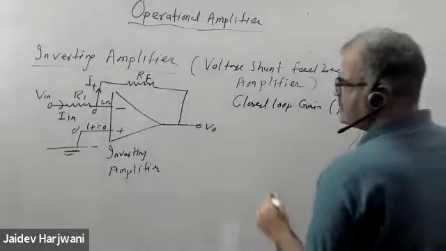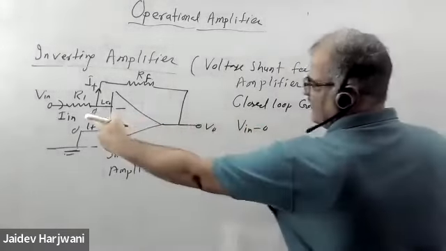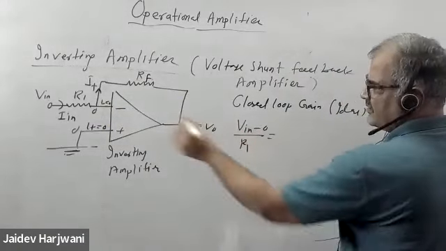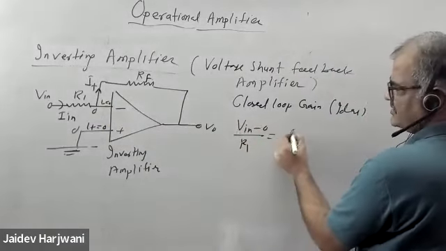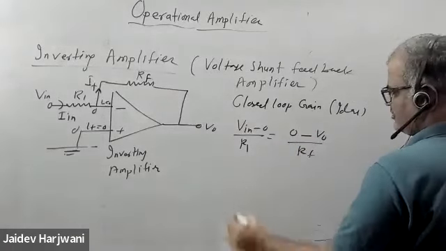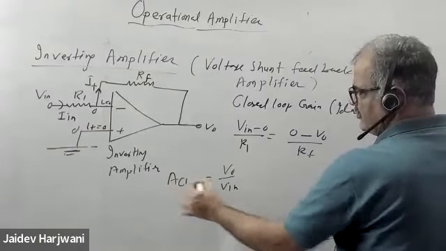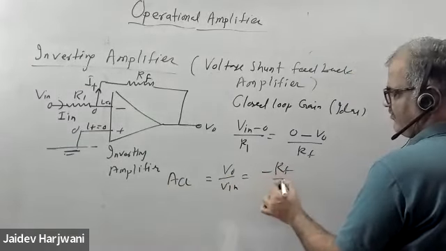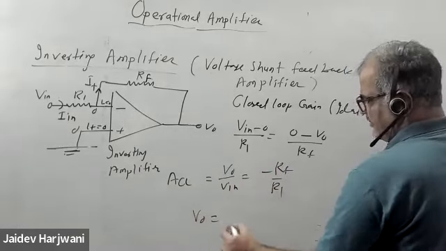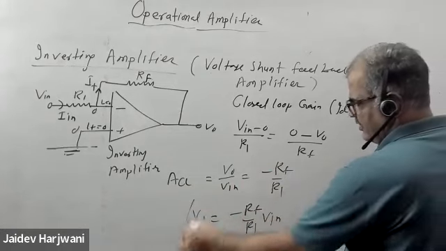If I apply nodal analysis, I can write (V input minus 0) upon R1, then (0 minus V naught) upon RF. Applying nodal analysis is very simple in an op-amp. So V naught upon V input, that is the closed loop gain, becomes minus RF upon R1. V naught is simply minus RF upon R1 times V input.